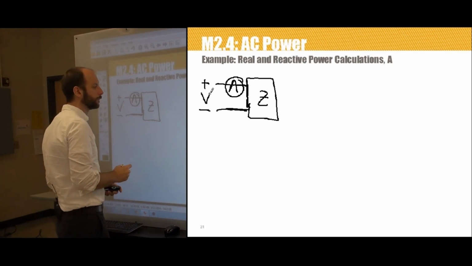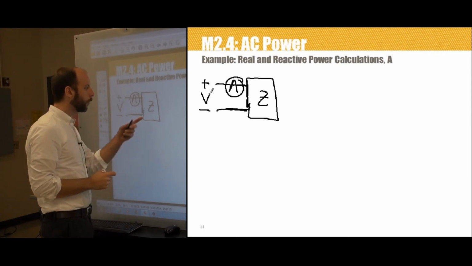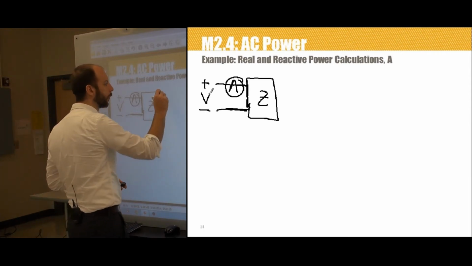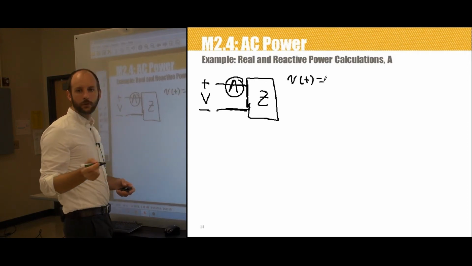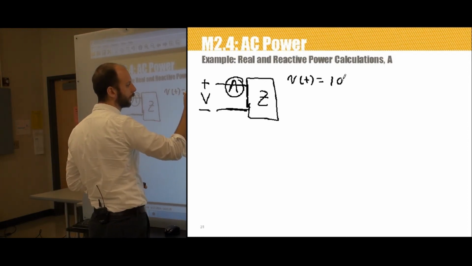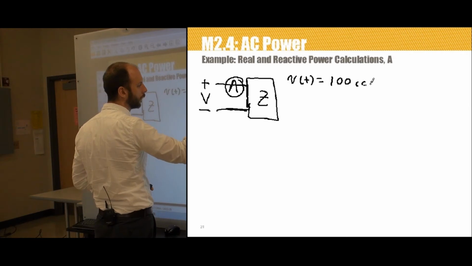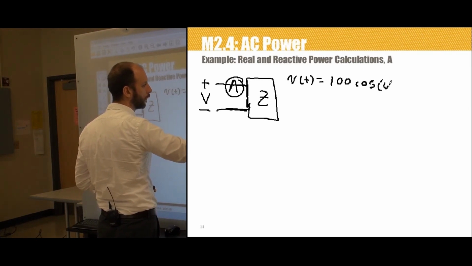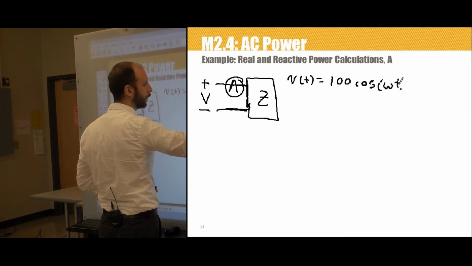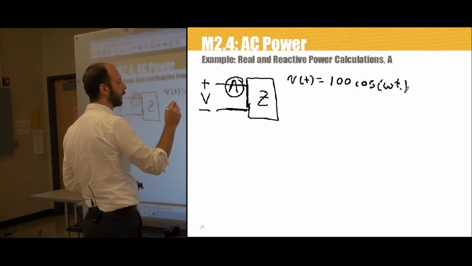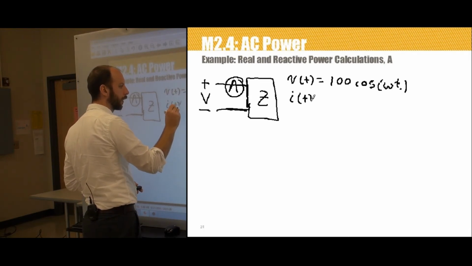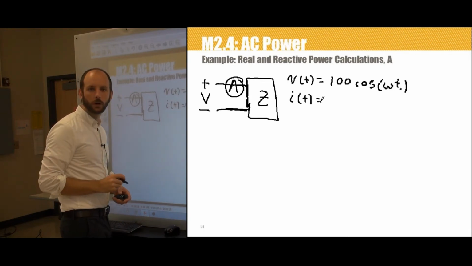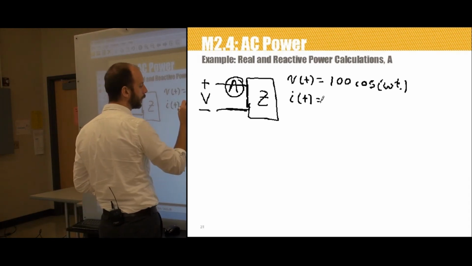And what we determined through our measurements was that the voltage function v of t was 100 cosine of omega t. And through our measurements, we determined that the current function was 4 times the sine of omega t minus 30.